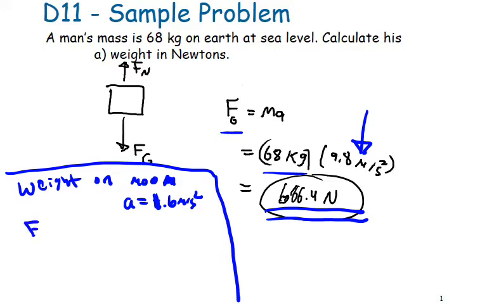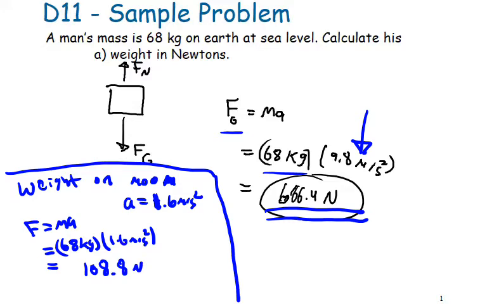Okay, so the way we would do that is, again, F equals ma. We have the mass, 68 kilograms, and 1.6 meters per second squared is the acceleration on the moon. So 68 times 1.6, 108.8 newtons would be the person's weight on the moon.